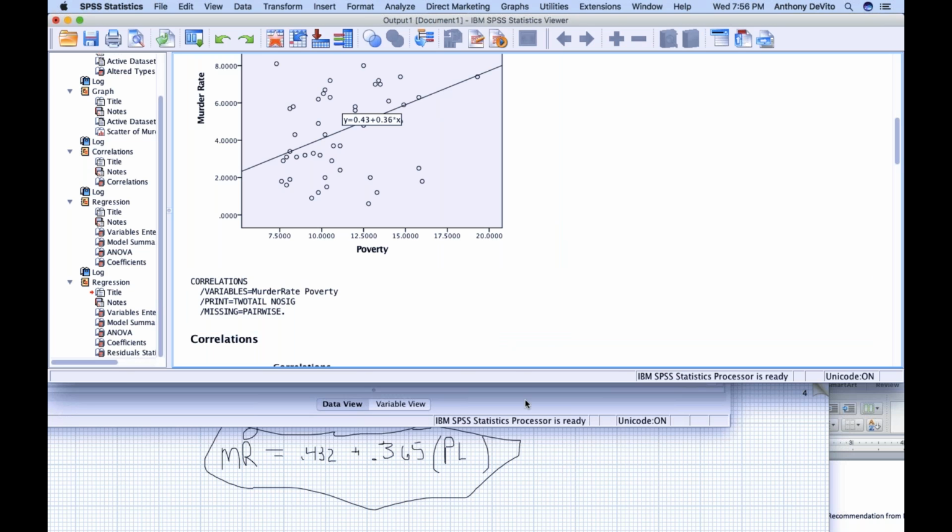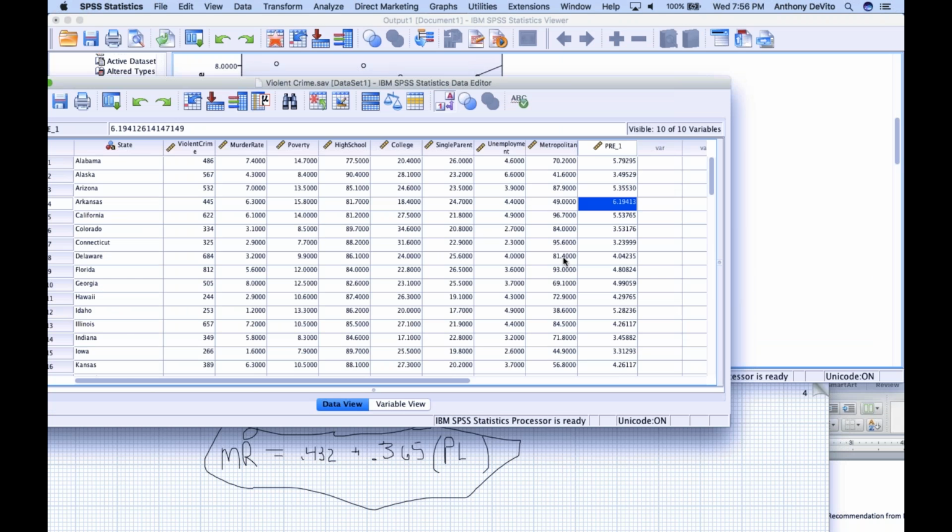Okay, so if I go back to my data view, you can see each one of these predictions on what the murder rate is going to be based on the poverty level. For instance, here it was actually 8, and we only predicted about 5. Here it was 2.9, and we predicted 4.27.